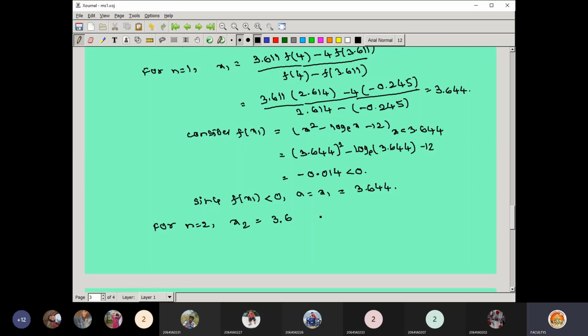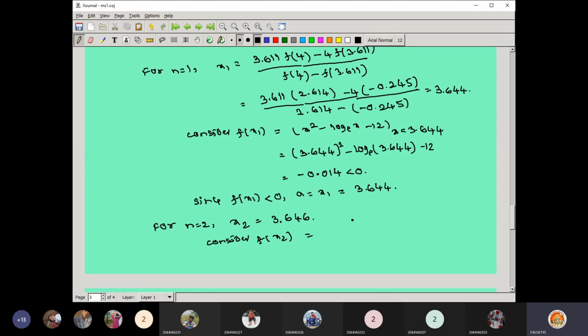Substitute your corresponding values and do the simplification. 3.646, right. So after getting this x2, now again you substitute in the function. Consider f of x2. If it is equal to 0, stop it.